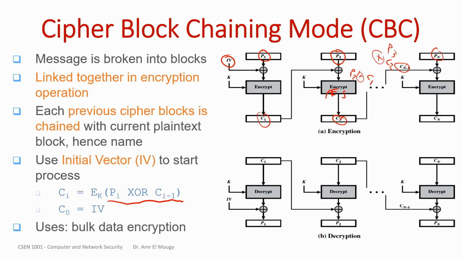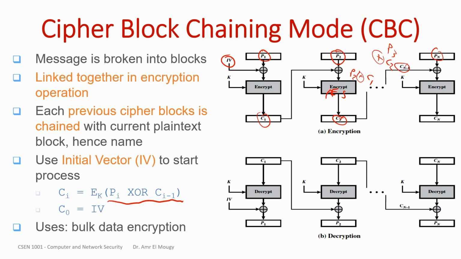So even though P1 and P2 are identical, C1 and C2 will not be identical, because what you pass to the encryption algorithm is not P1 and P2, but two different values. In the first stage, it's P1 XORed with the initial value. In the second stage, it's P2 XORed with C1. So if you are encrypting different values, then the output of this encryption will definitely also be different. And so even if you have patterns in the text, the output of the encryption will not be the same, and you have cured the problem of the electronic codebook mode.